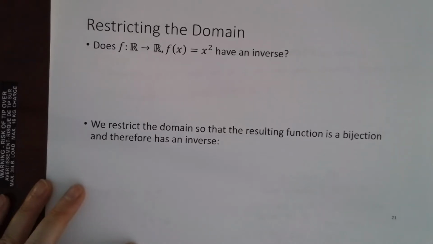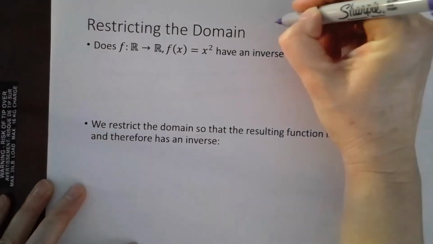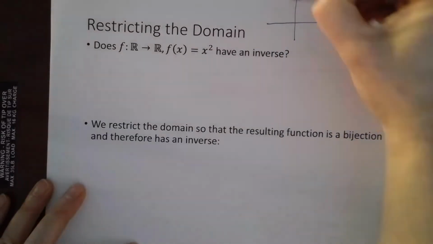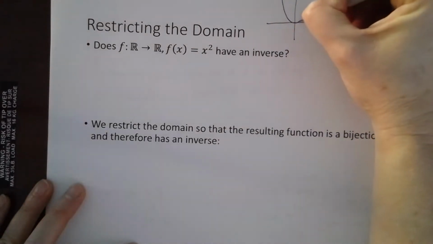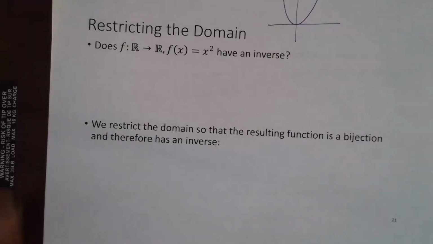In order to have an inverse, it has to be a bijection. It has to be 1 to 1 and onto. So what does the graph of f of x equals x squared look like? That's a parabola, vertex at the origin, like this good old standard parabola. Is that 1 to 1? How can we tell? Horizontal line test.